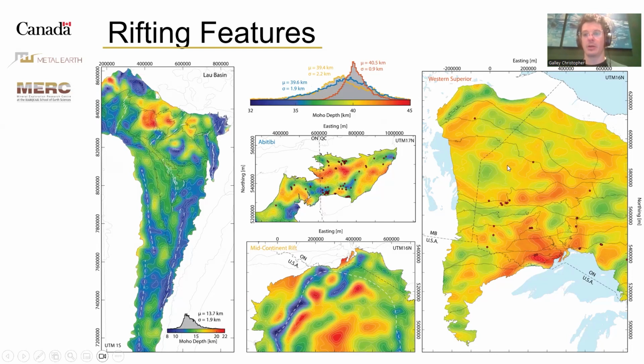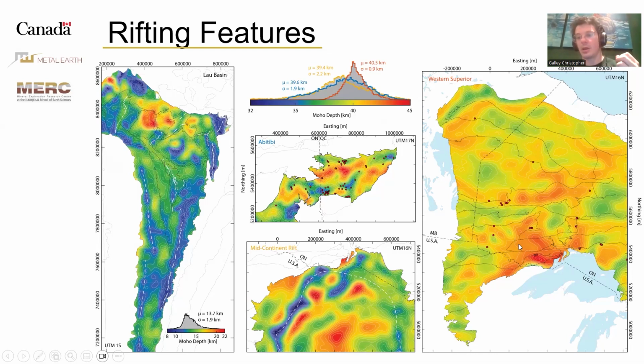But then comparing to the Western Superior, just trimming to the Archean portion, you have a much narrower band. On average, the crust appears to be a bit thicker, but you also just don't see the variance in crustal thickness, or in Moho depth, I should say, as we did in the Abitibi, the Mid-Continent Rift, or the modern Lao Basin.